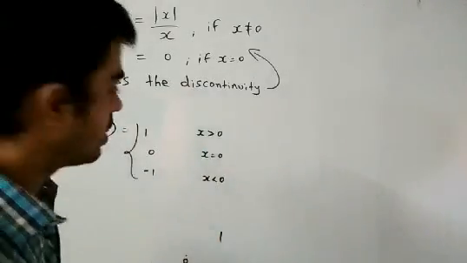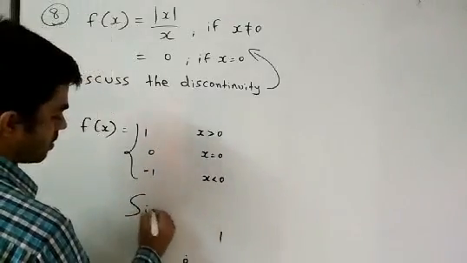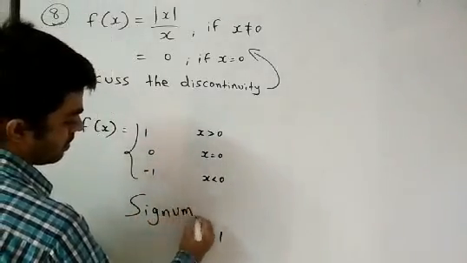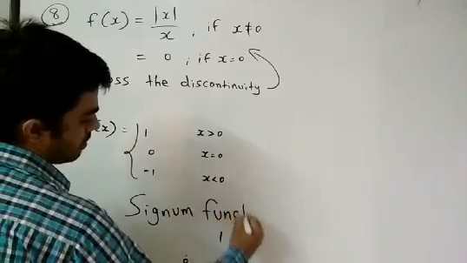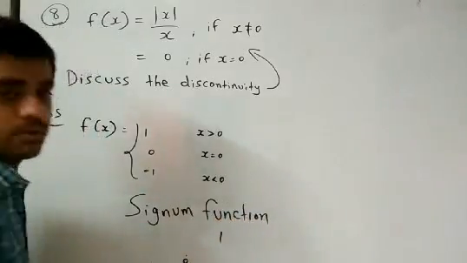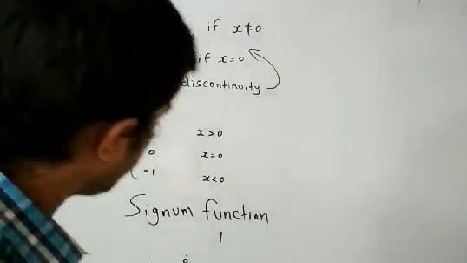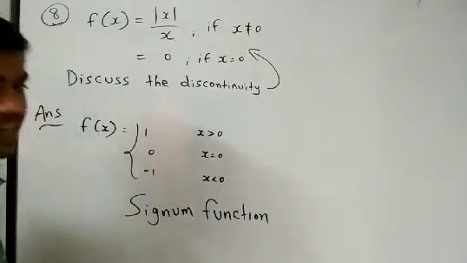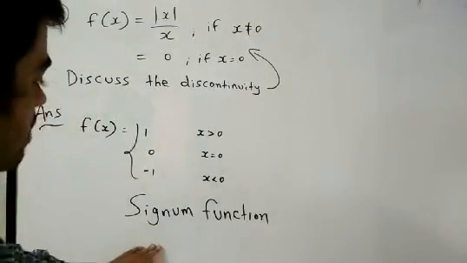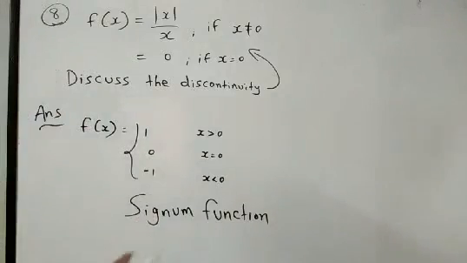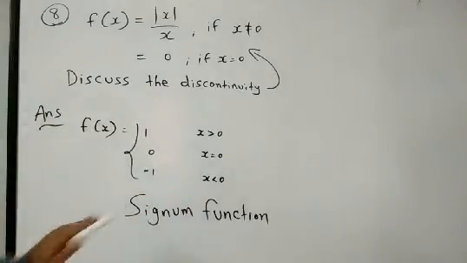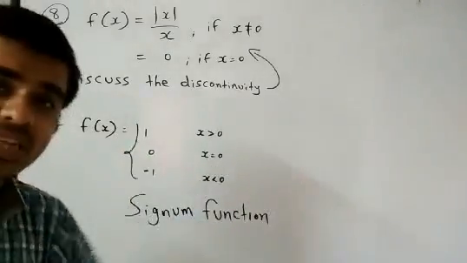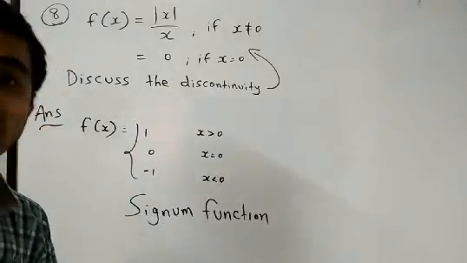In 11th standard we have done the signum function. Here we are not supposed to show that it is a signum function, but I am just reminding you that whenever we are solving sums, in 11th standard we have studied about this function, the signum function.